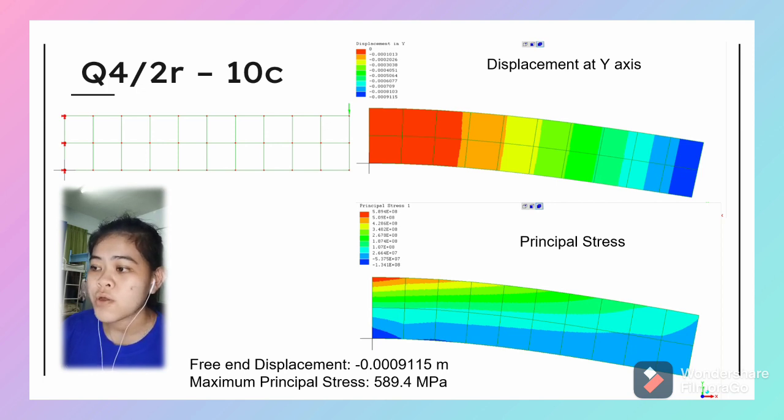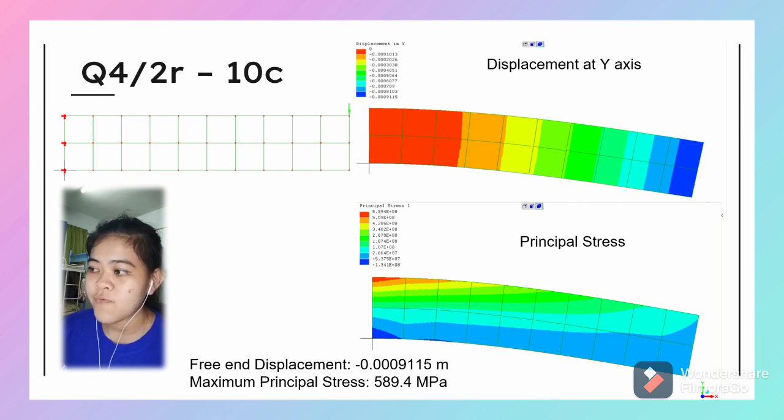So when we run these simulations in the LISA FEA software, the displacement in the y-axis for the free end side of the beam, which is shown in the figure as dark blue color, has a value of -0.0009115, which means it is going in the downward direction.